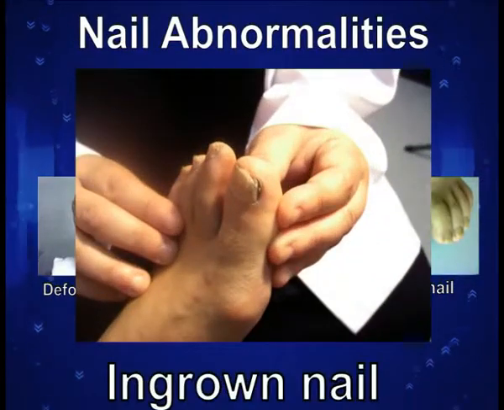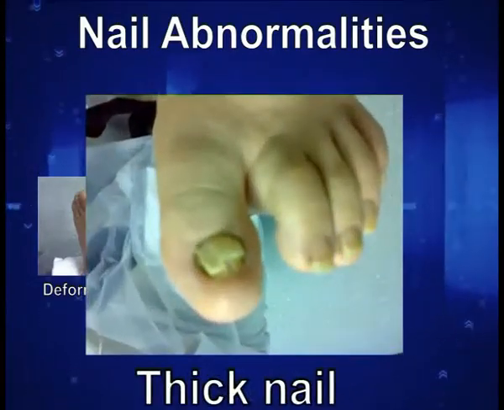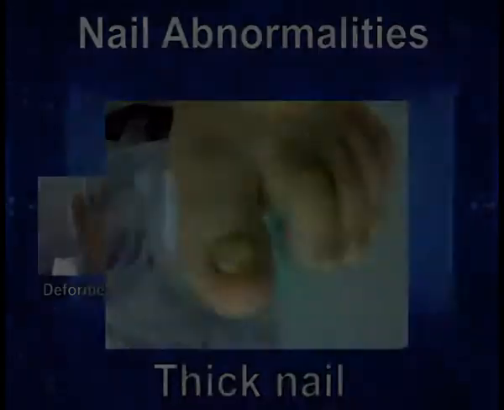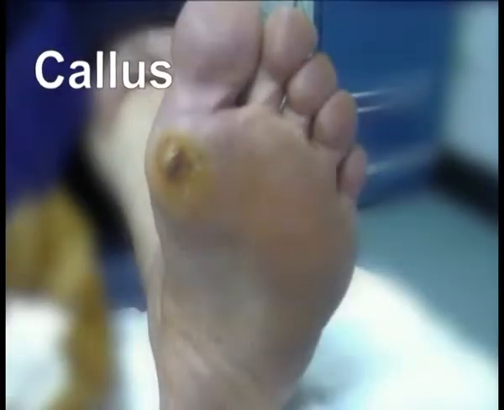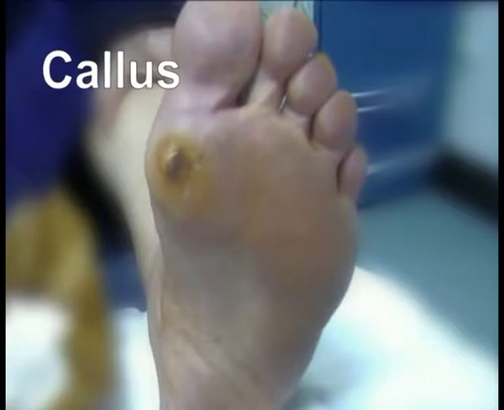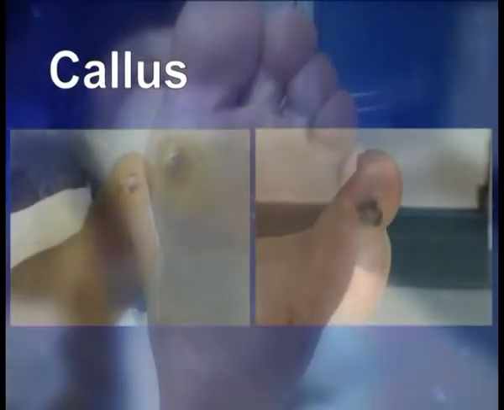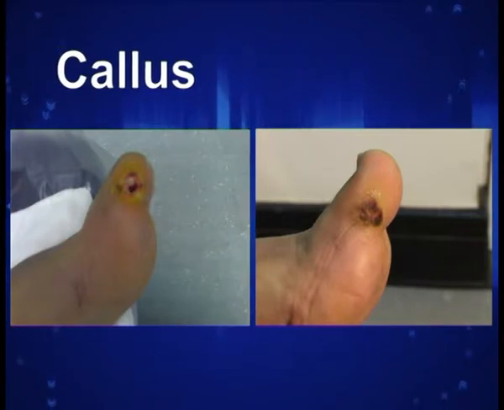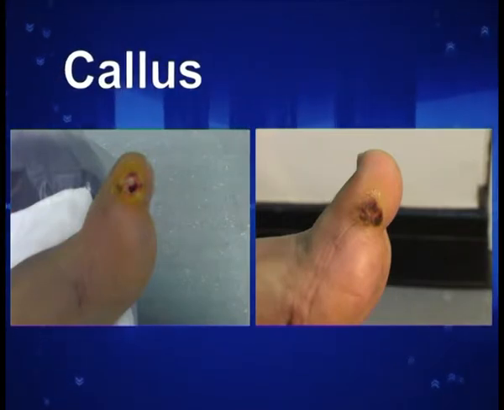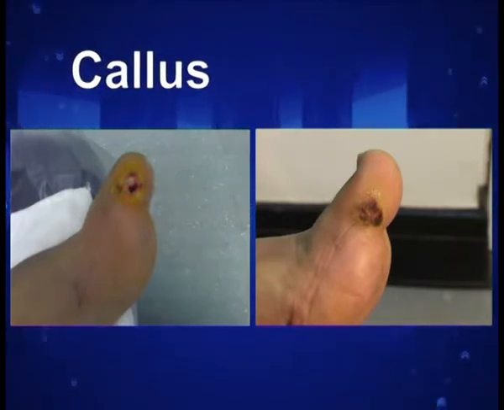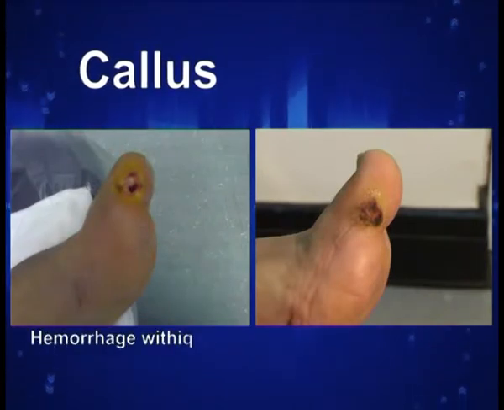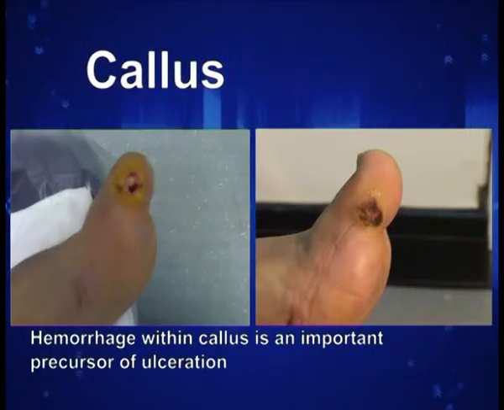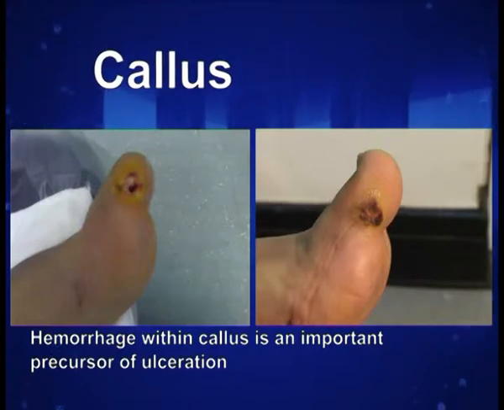Ingrown nail. Thick nail. Callus. Callus is a warning that dangerously high mechanical forces are acting on the foot. It occurs on sites of high pressure. Hemorrhage within callus is an important precursor of ulceration.